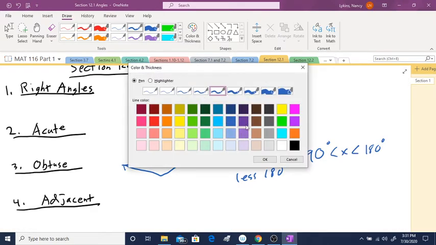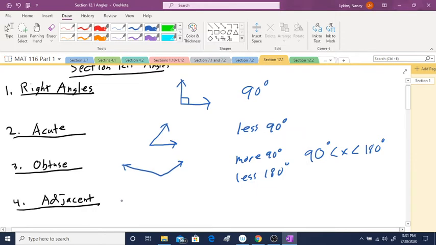Now, adjacent angles are two angles that share one side.